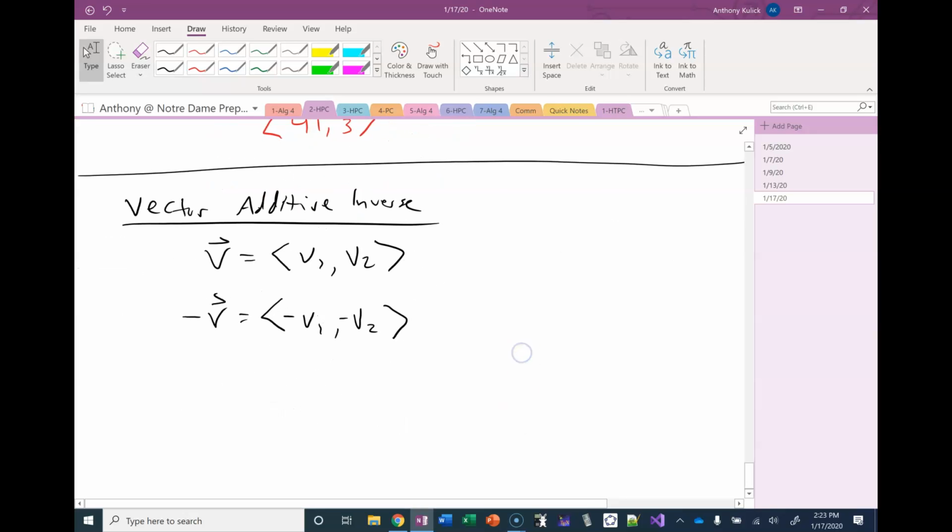Why is this important? It allows us to define vector subtraction.